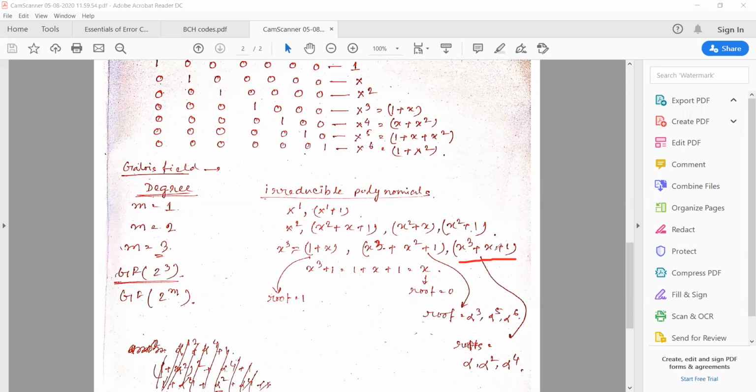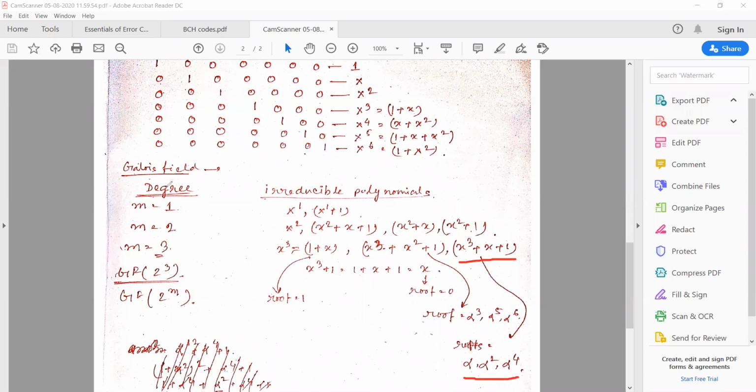The roots we have calculated are alpha, alpha square and alpha to the power 4.